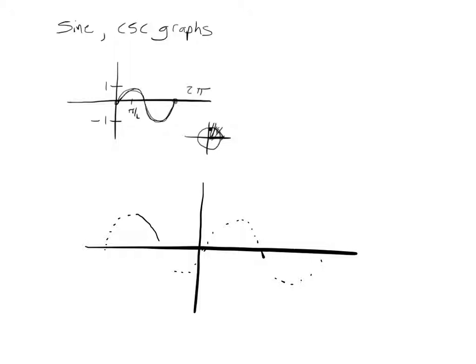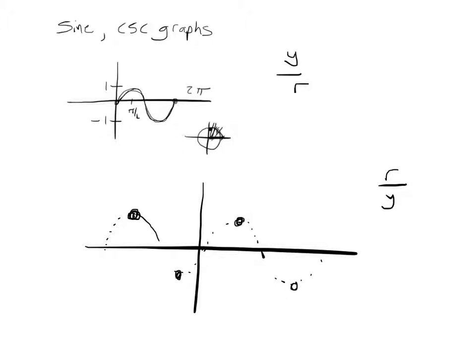And the answer is they're reciprocals. The sine, we remember, is y over r, and the cosecant is r over y. So clearly the reciprocal of an output of 1 is 1, and the reciprocal of an output of -1 is -1. So I know there are some points that the sine and the cosecant graph are going to share in common.